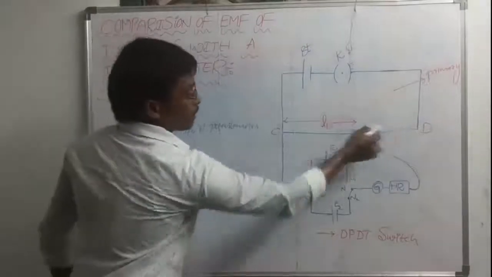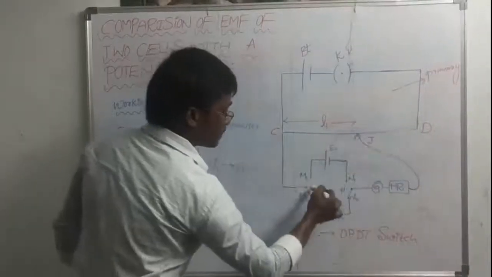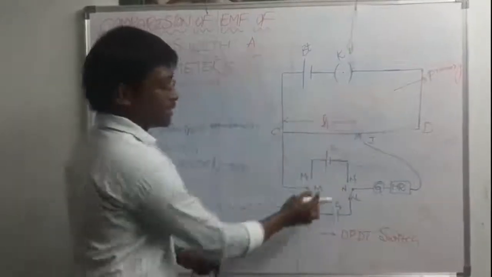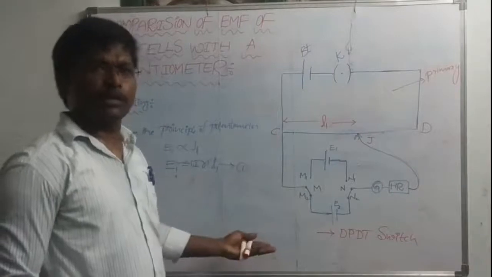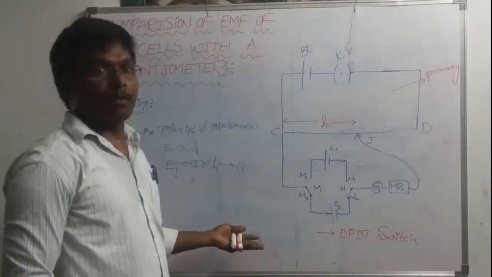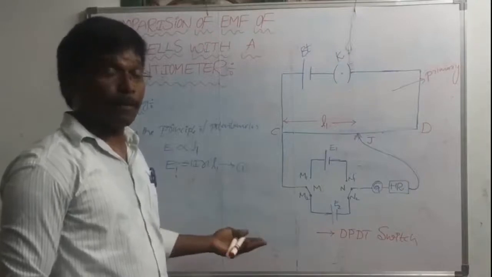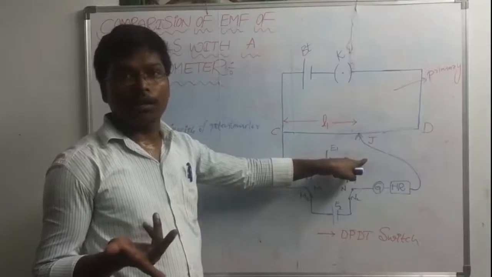This is the secondary circuit, and the other is disconnected. Same procedure: this time also I find the balancing length by the use of the jockey.